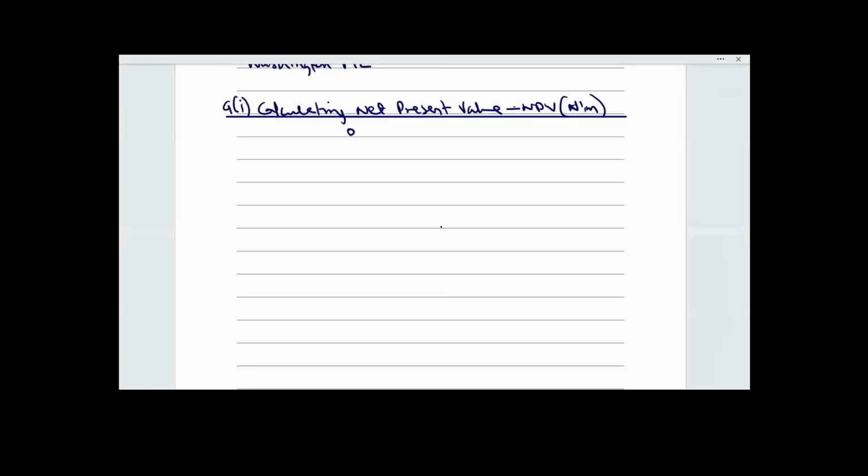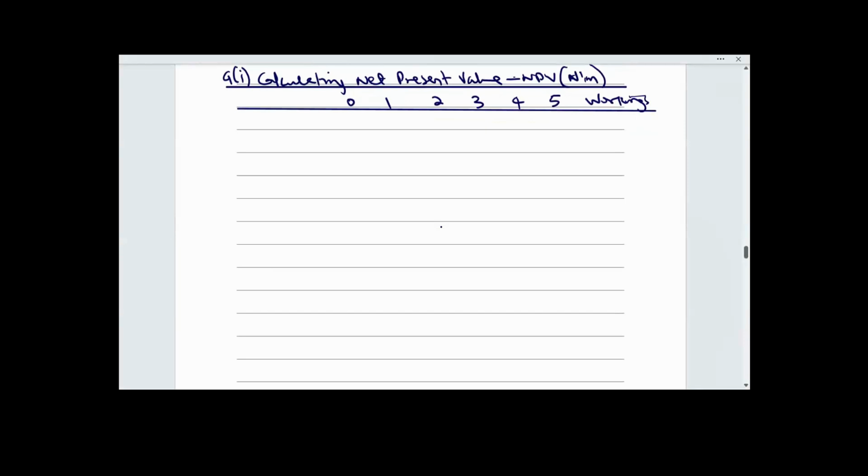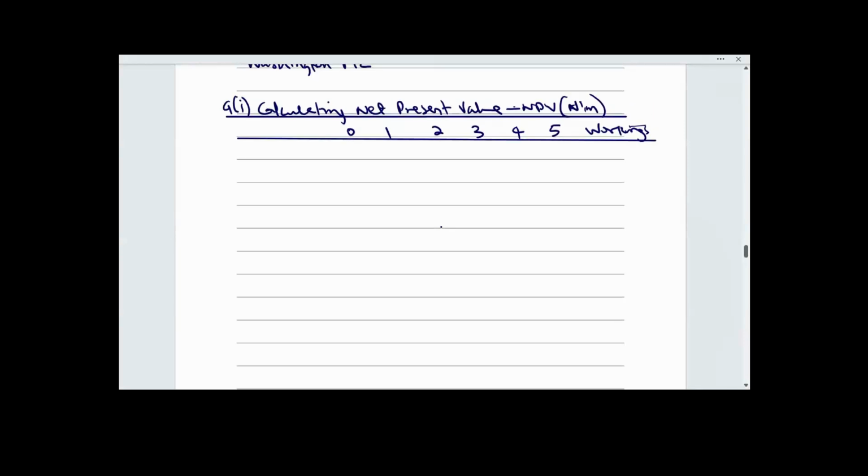Therefore, here will be year 0. I will have year 1, year 2, year 3, year 4, and then year 5. I can create a column for workings. I'm teaching you exam method. All right. So I'm starting from the format I gave to you last week. The first item is sales value. So this page will be for the NPV.